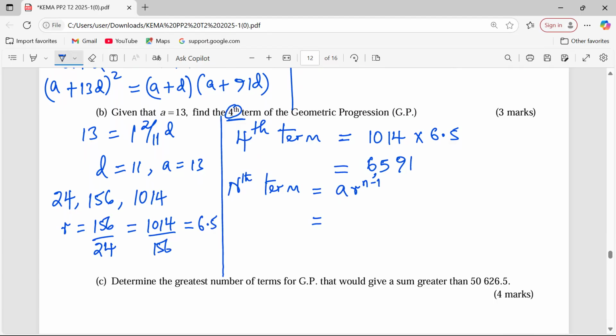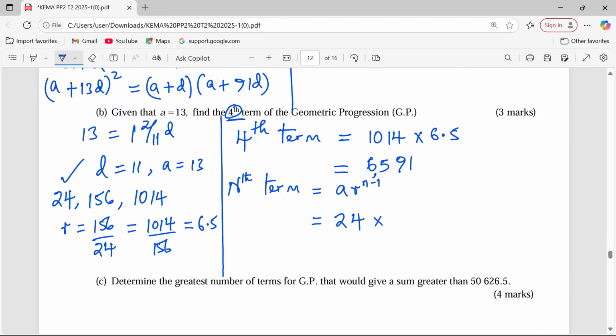So in case the term was very big, such that it is not the fourth, which is just the next, then this should have been given easily by taking A, the first term, which is 24. It is now for the GP, not for the AP. So the first term in the GP is 24, not 13.